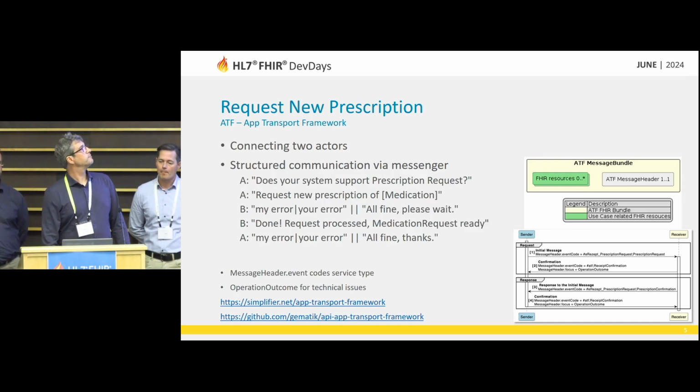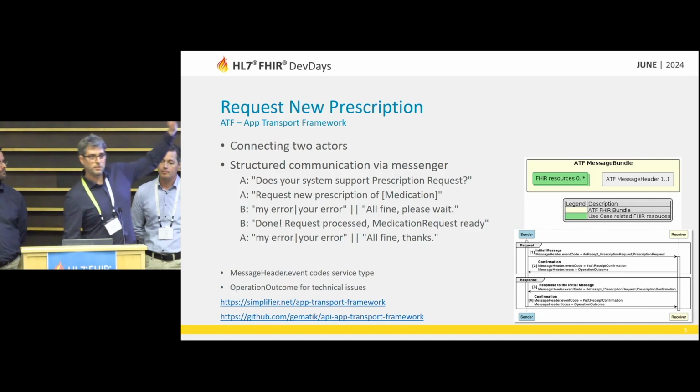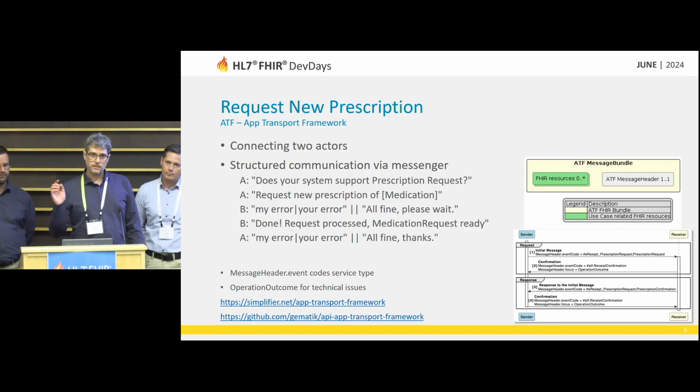And here's one example, which is not really technical, but is maybe good for your understanding. First, the system of the nurse sends a message: I want the service of a prescription request, and of course sends the content, so the medication in our case. Then the doctor system receives it and can decide, I am able to do this.